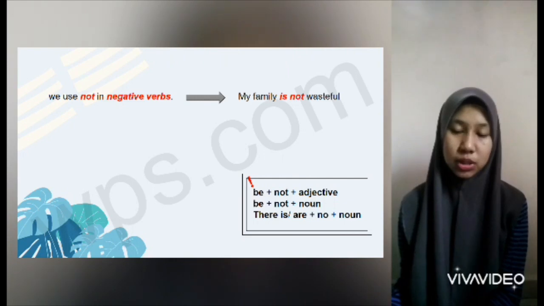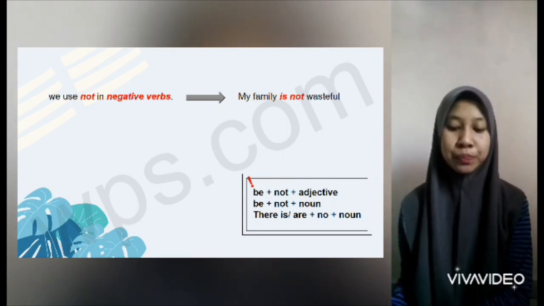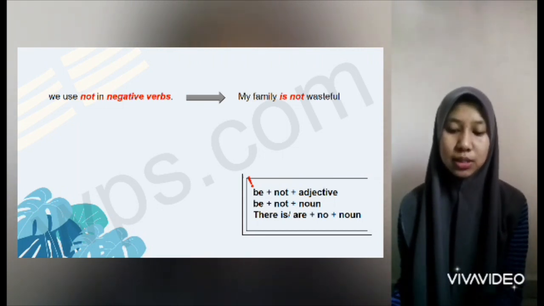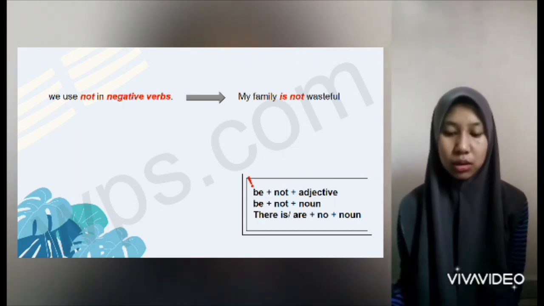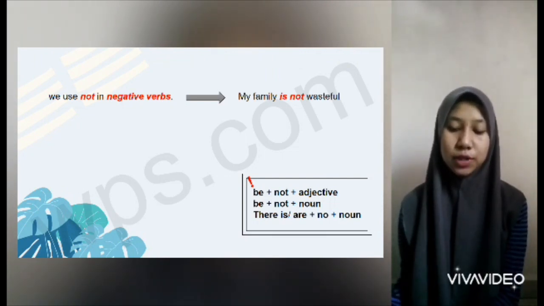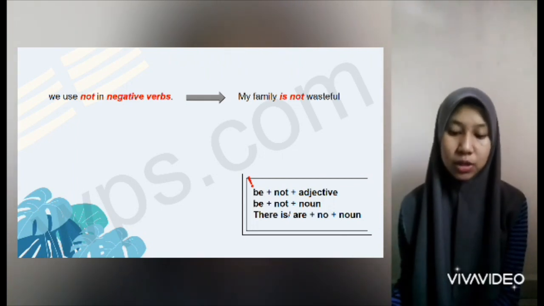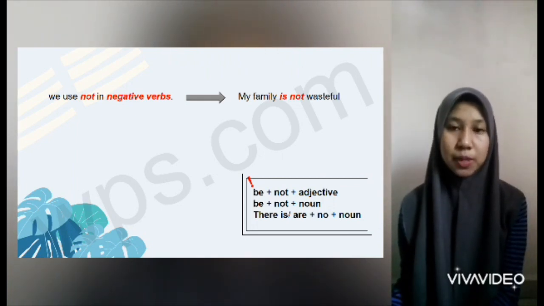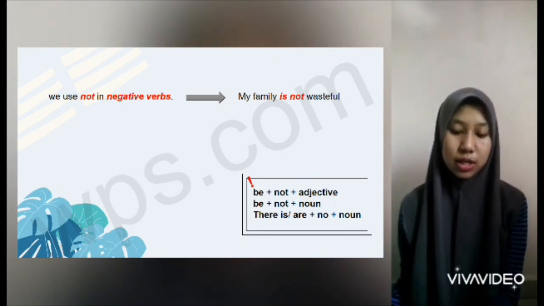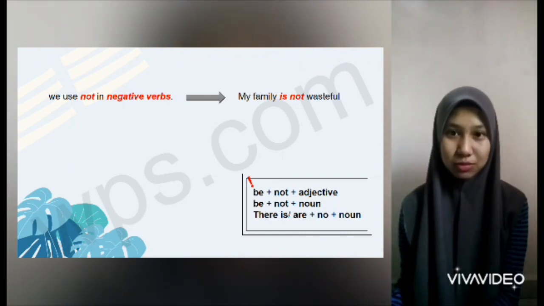And at the bottom of the slide, I put 3 tips on how to build a sentence according to not and no. The first one, verb be plus not plus adjective. The second one, be plus not plus noun. And the last one, there is or are plus no plus noun.